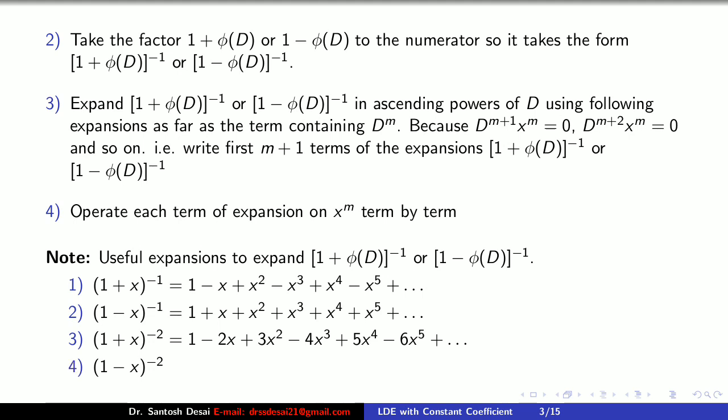And the last expansion is (1 minus x) raised to minus 2 is equal to 1 plus 2x plus 3x square plus 4x cube plus 5x raised to 4 plus and so on.